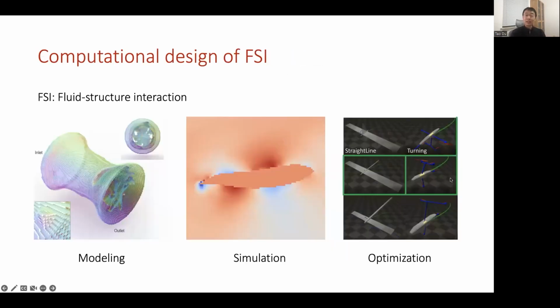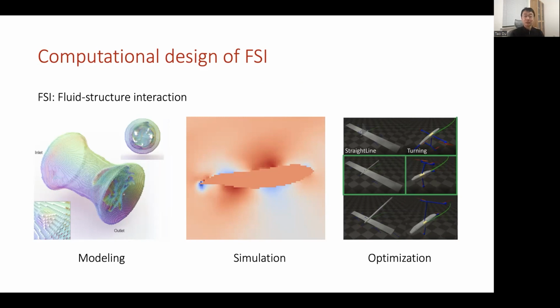So in today's talk, I'm going to briefly talk about three aspects of the computational design problem involving solid-fluid mechanics and solid-fluid structure. The three aspects I chose are modeling, simulation, and optimization.